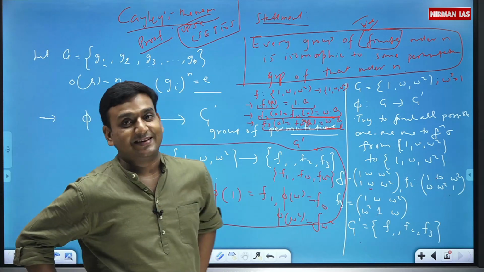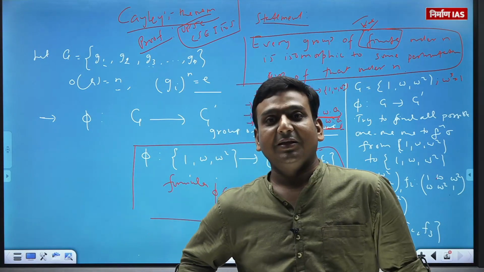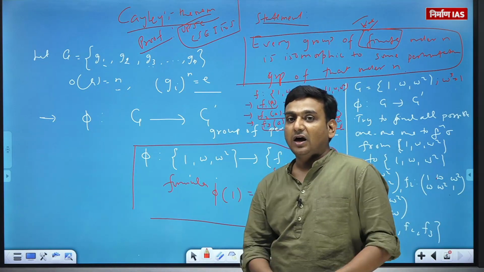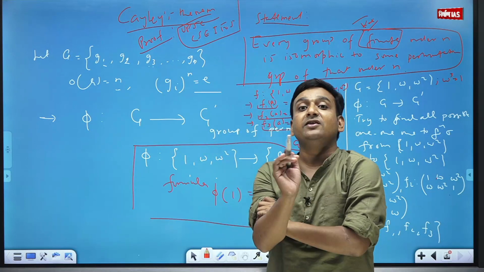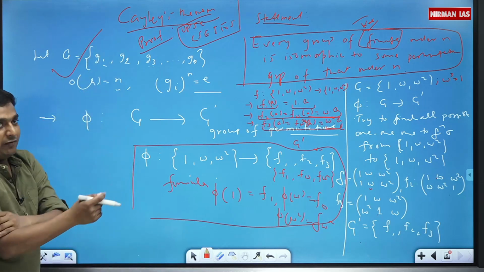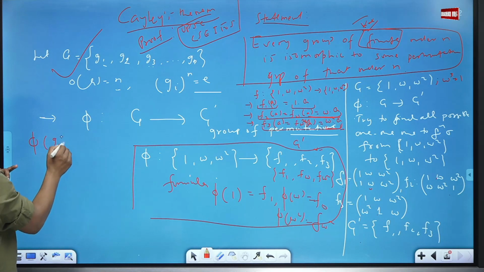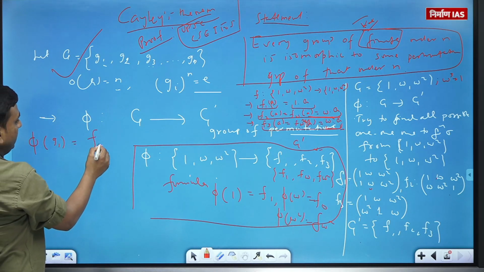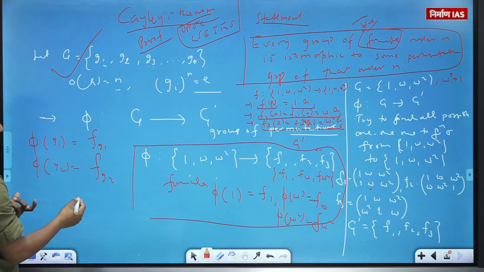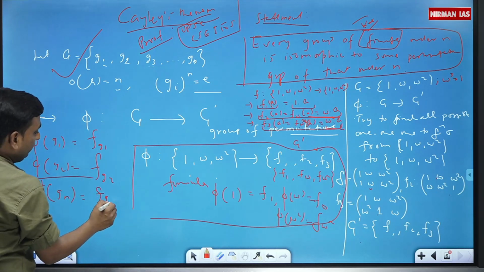Why have I taken this example? Because I myself told you that theorems are not proved by examples, but these examples show how I should proceed in general. So in general, if I want to prove it for order n, I will define a formula: phi of z1 will be a function f z1, phi of z2 will be a one-one onto function f z2, and in the same manner phi of zn will be a function f of zn.